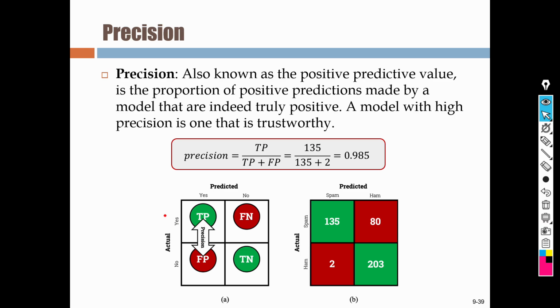Actually, this table we call a confusion matrix. So this is the actual yes and no, and predicted can be yes or no. So this is a yes, it's correctly predicted.